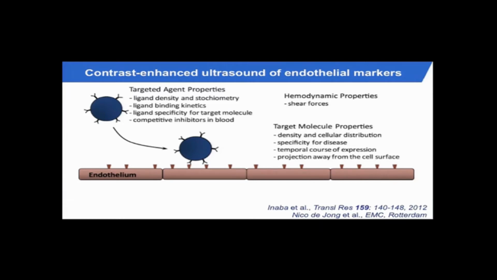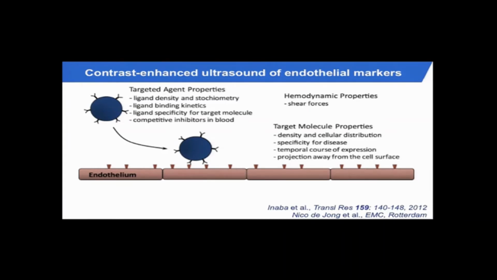But you realize that because these particles are so big, we not only need to consider the properties of the agent or the properties of the target that we want to visualize, but hemodynamic properties also come into play, because shear forces act on these particles and have a very big effect on their targetability to the vascular endothelium.